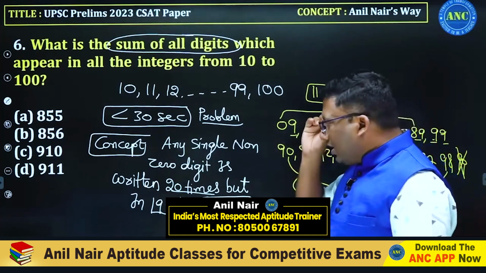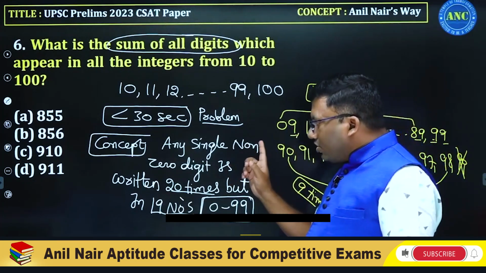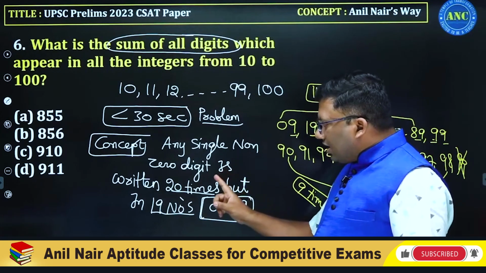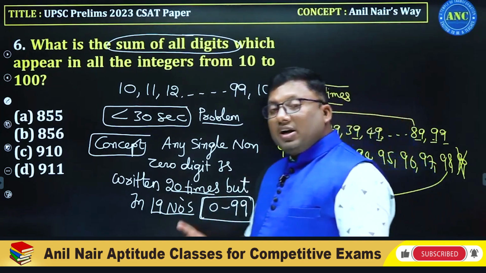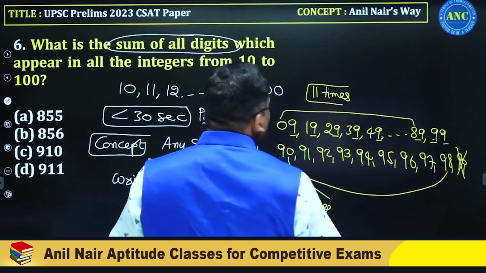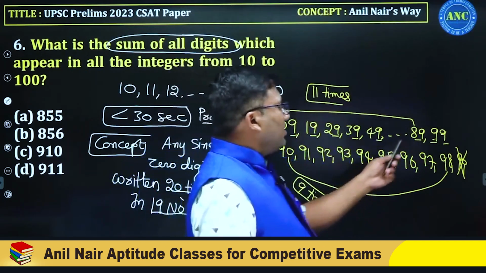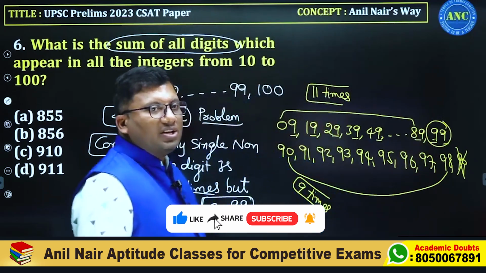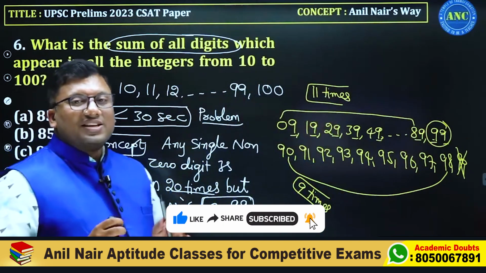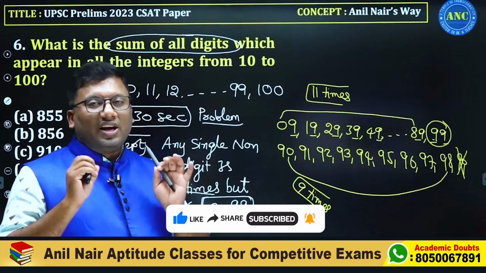Any single non-zero digit is written 20 times, but in 19 numbers. We proved it. Why in 19 numbers? There is one number where it is written twice. Is this logic very much clear to you?